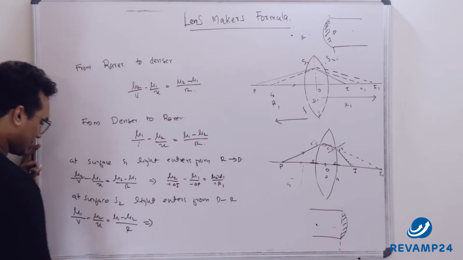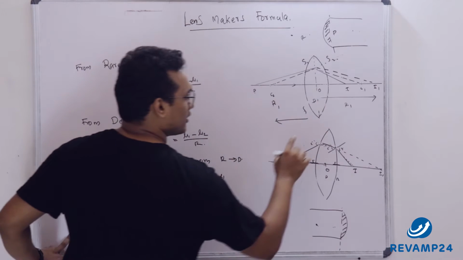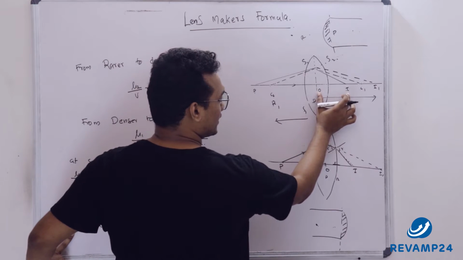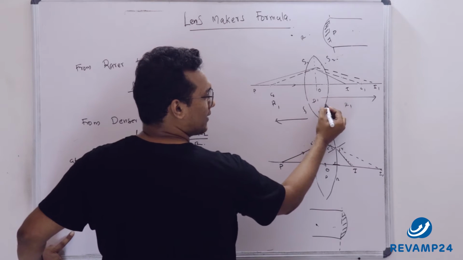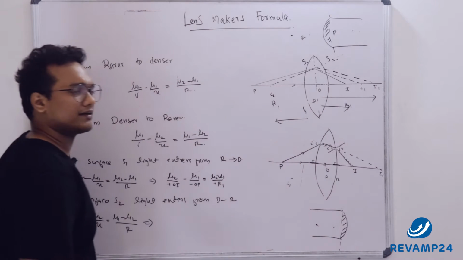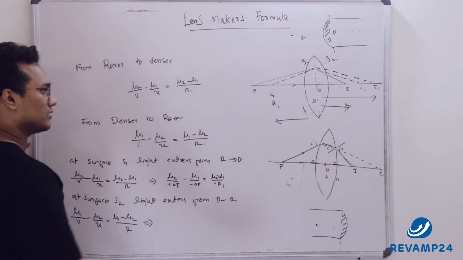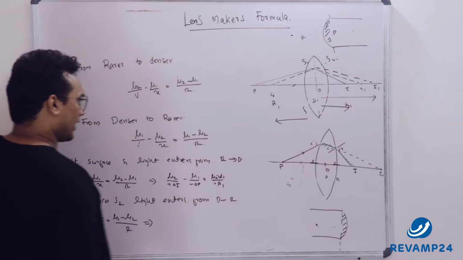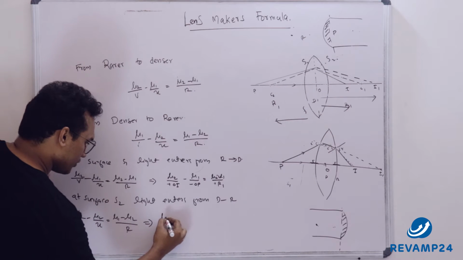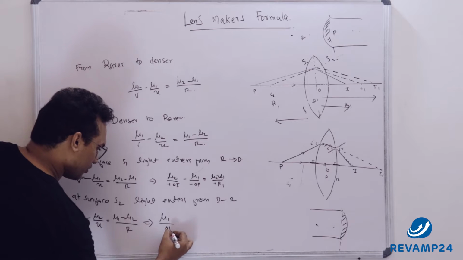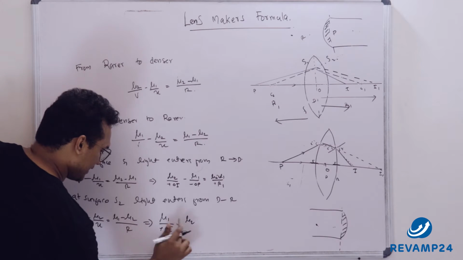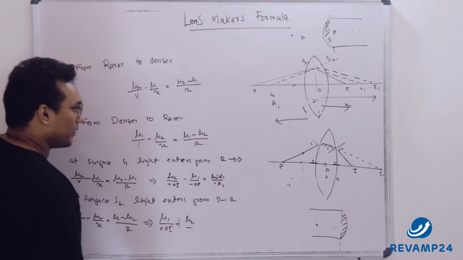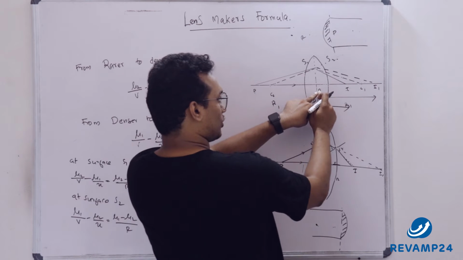What is V here? My final image is formed here. This is my object for the second surface. My final image is here, measured in the rightward direction itself, so that would be plus OI. So mu1 divided by plus OI minus mu2 divided by the object distance.